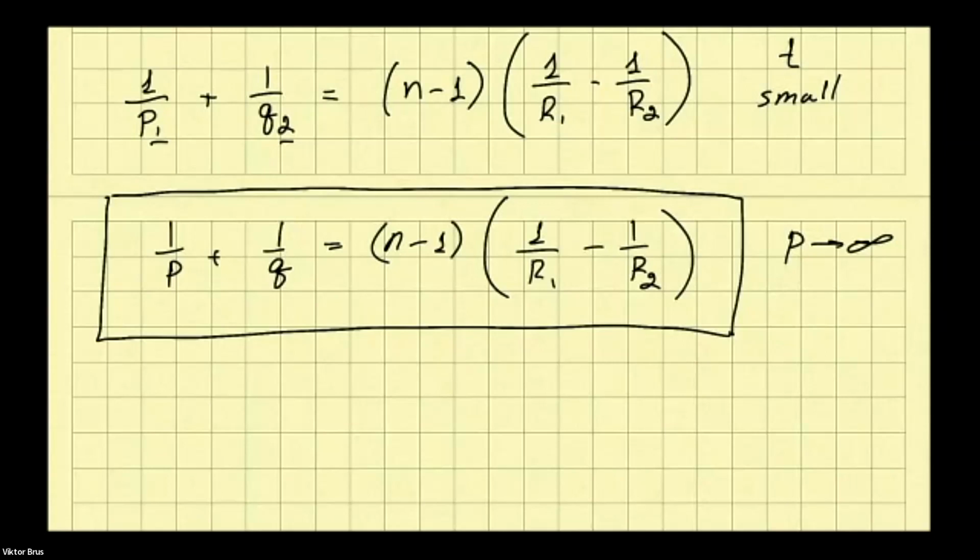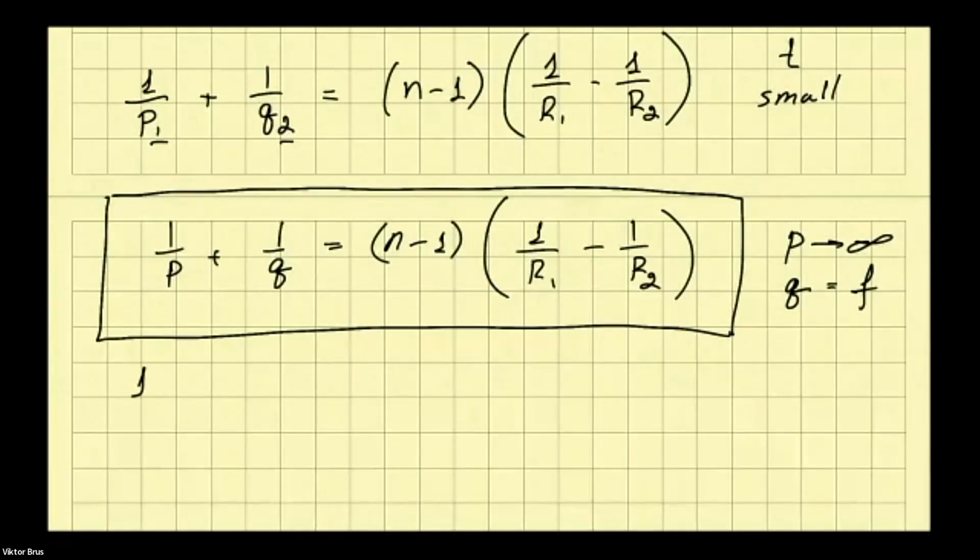Then all refracted rays should focus at the so-called focal distance from the lens. So in this case, Q, the distance from the lens to the image formed by this lens, should be equal to the focal distance of the lens.